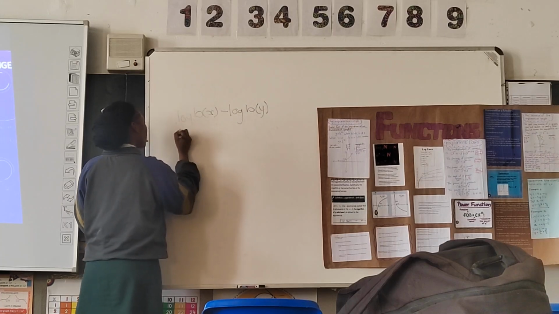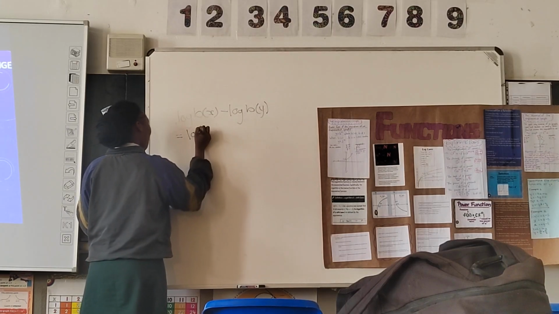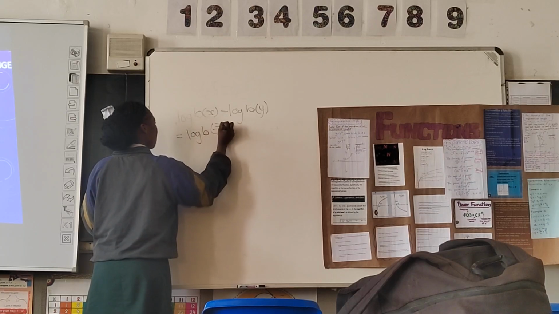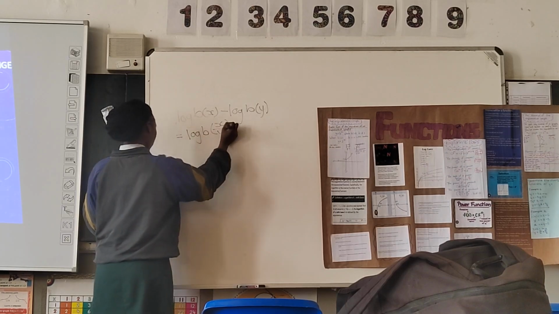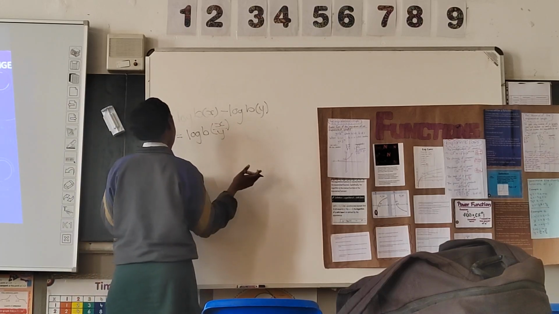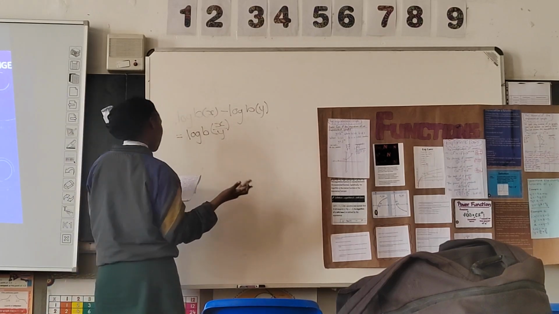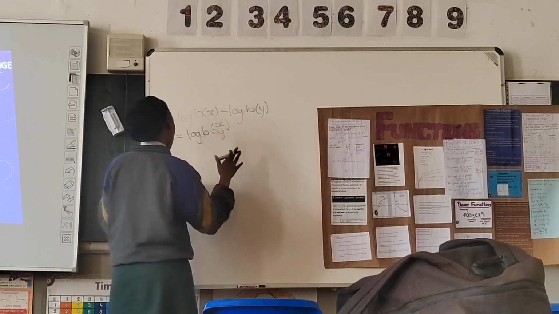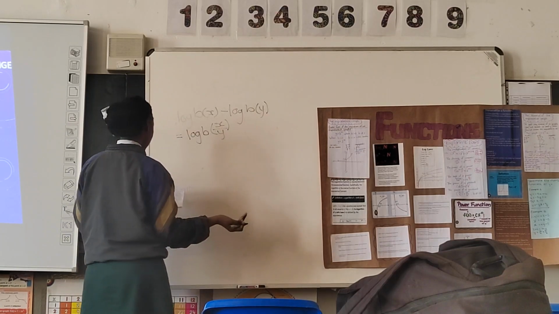So the result will be log base b of x divided by y. This law states that the log of the quotient of two numbers is equal to the difference of the log of the numerator and denominator.